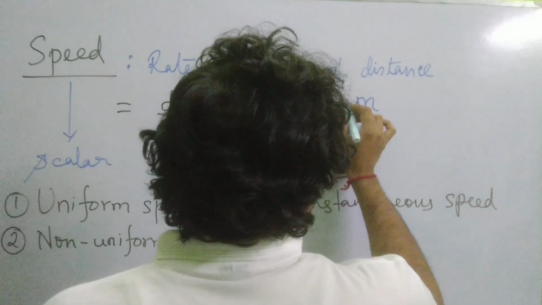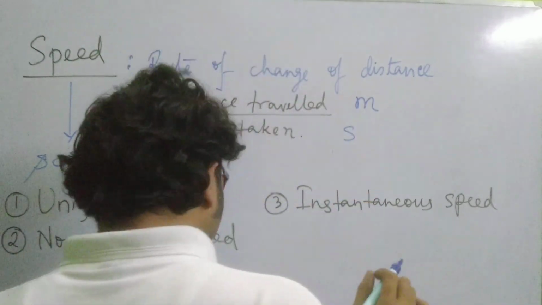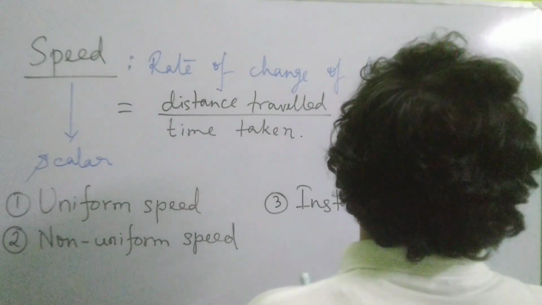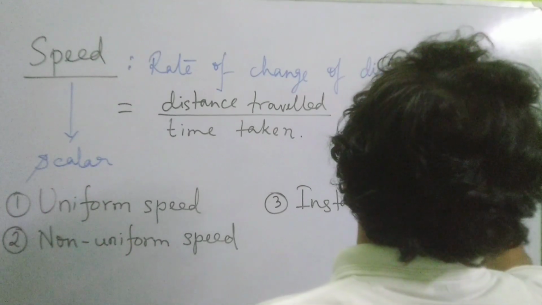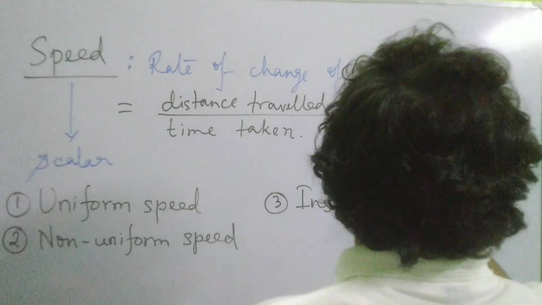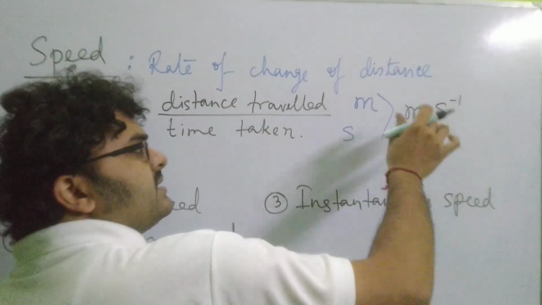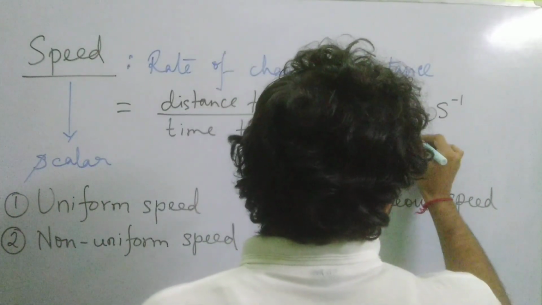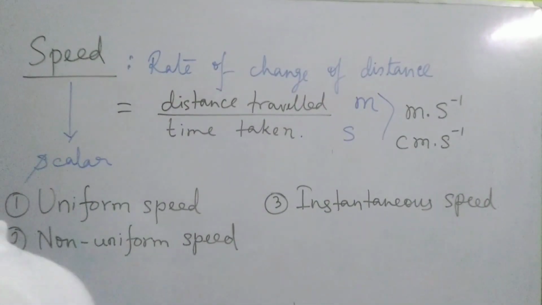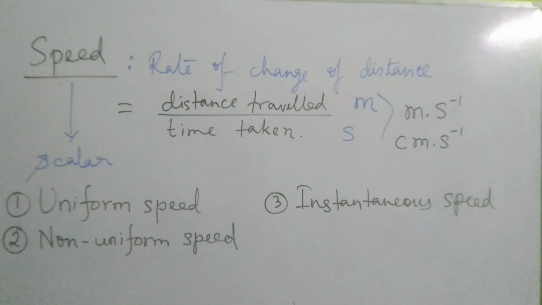So the SI unit of speed is nothing but meter per second, or meter second inverse. And the CGS unit is centimeter second inverse. Okay, so these are the two units of speed.